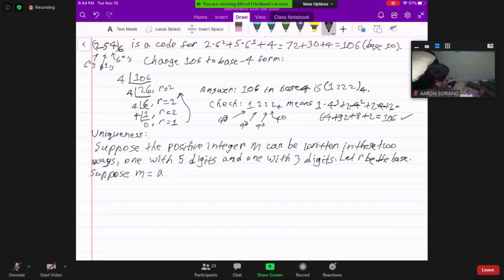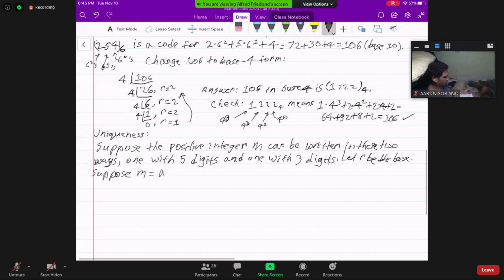So I want to show that the number m can be written in exactly one way for a given base R. So suppose m equals, again, it's going to be 5 digits.